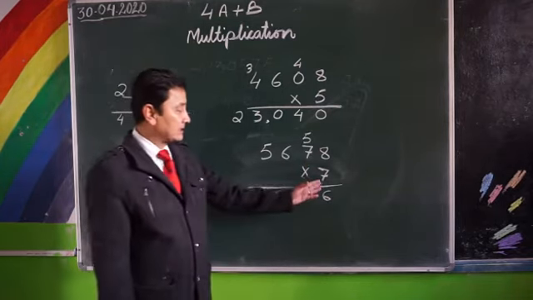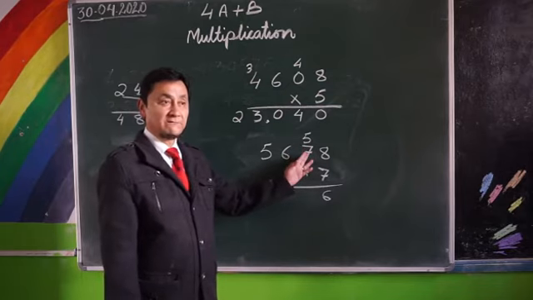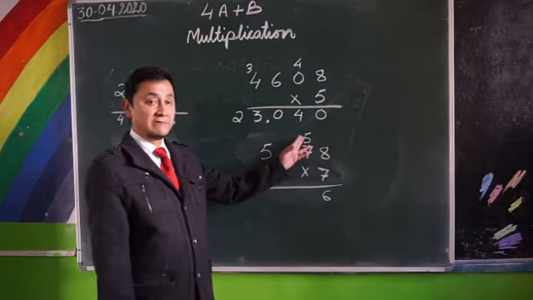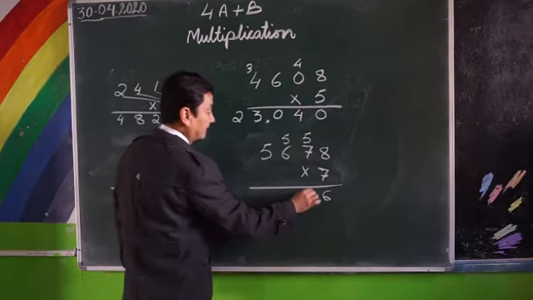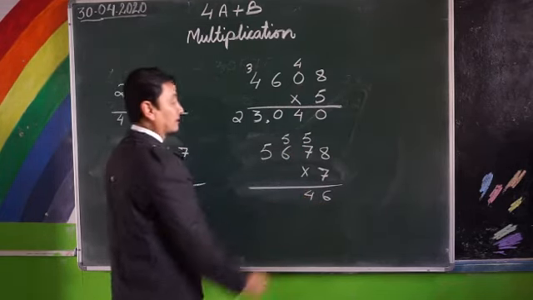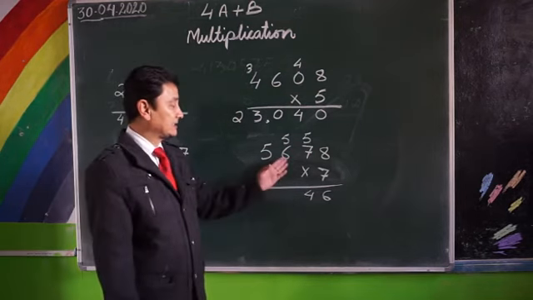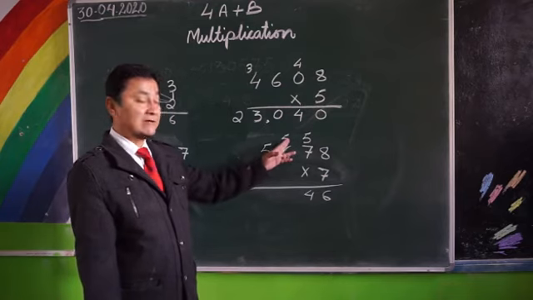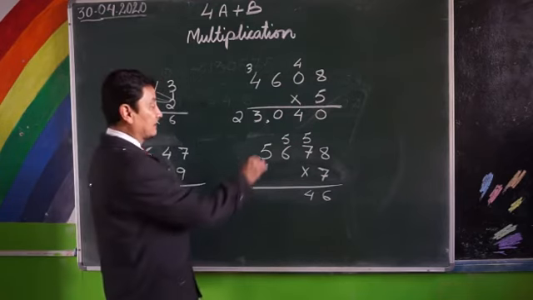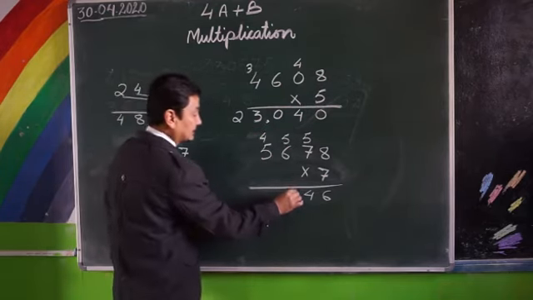Now let's multiply 7 and 7. 7 7s are 49 plus 5, 54. Now 7 and 6. 7 6s are 42 plus 5, 47.